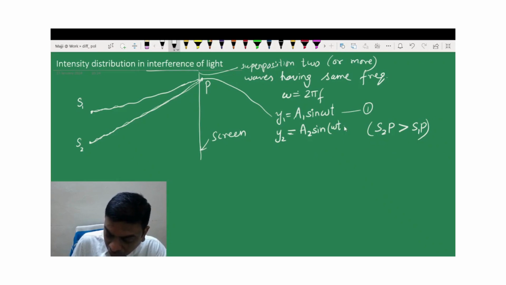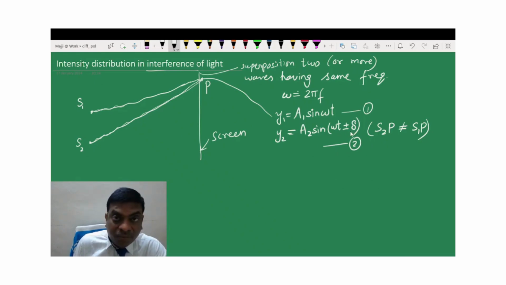So that difference could be plus or minus delta. That depends on the difference between the path lengths, and which is greater and which is smaller. One serious point you have to understand: if S2P is greater than S1P, then delta will be negative.